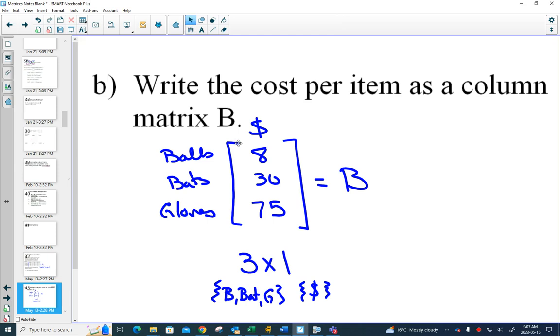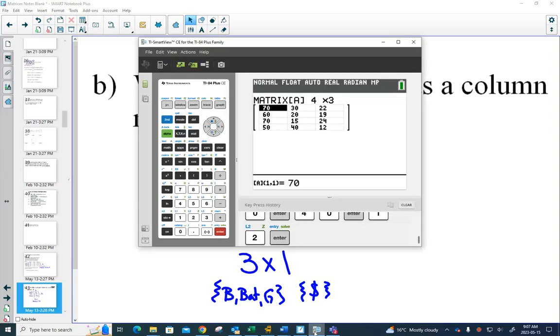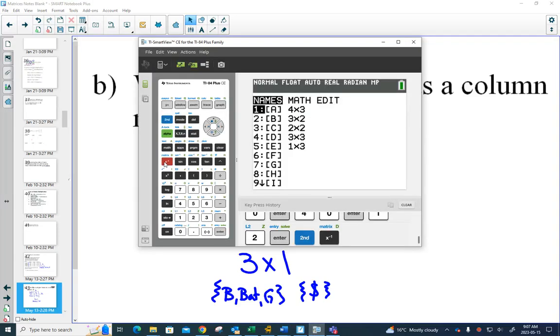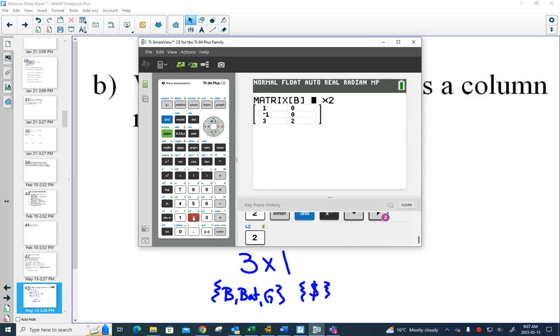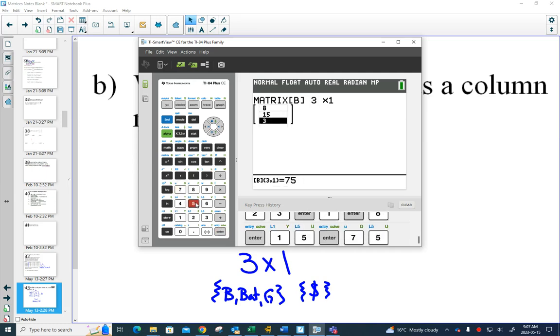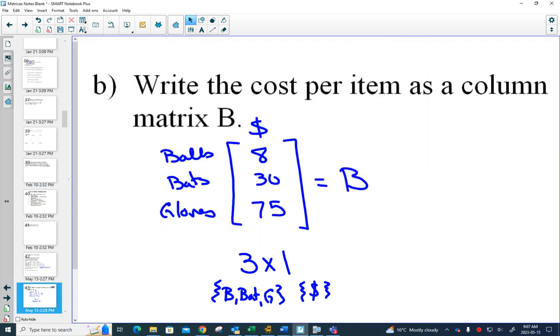And we're going to put this into our calculator as well. So go to second matrix, go over to edit, matrix B, which is now a 3 by 1. Perfect. And this is where matrix multiplication works wonders.